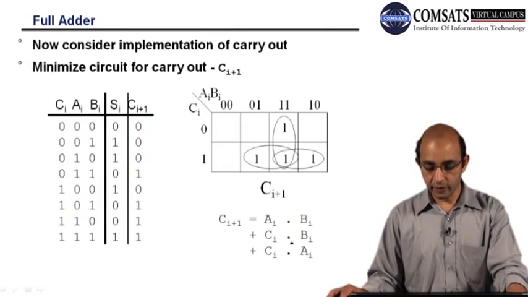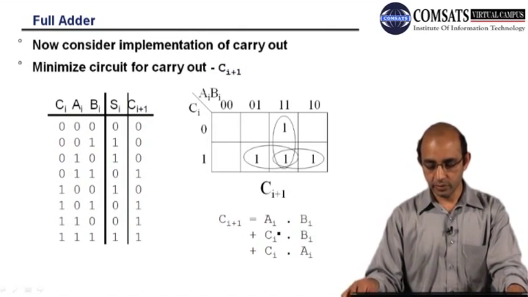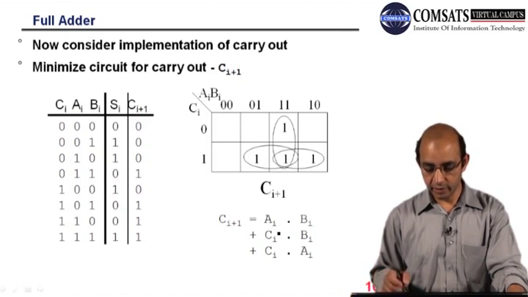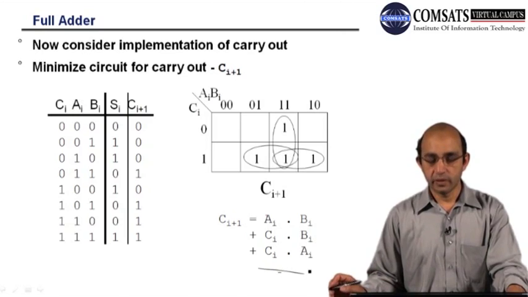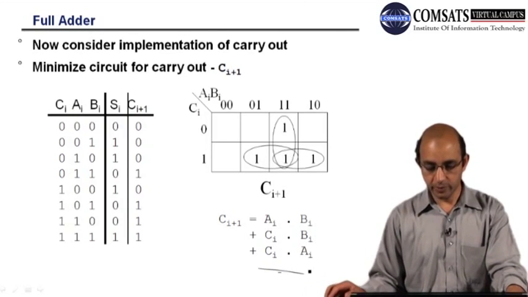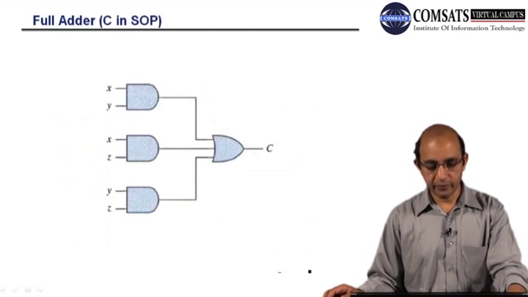But I want to represent this expression in such a way that I can transform this into the XOR operation, so that I can reuse the XOR that I already have seen regarding the sum, right? So here I have represented the carry in sum of products.